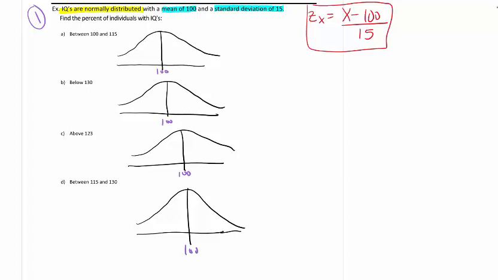Now we want, A wants between 100 and 115. So we want between 100 and 115. Between means shade that region. We automatically always should know that the mean goes to 0 when we standardize it, because you're subtracting from the mean, and so it's a 0 distance.